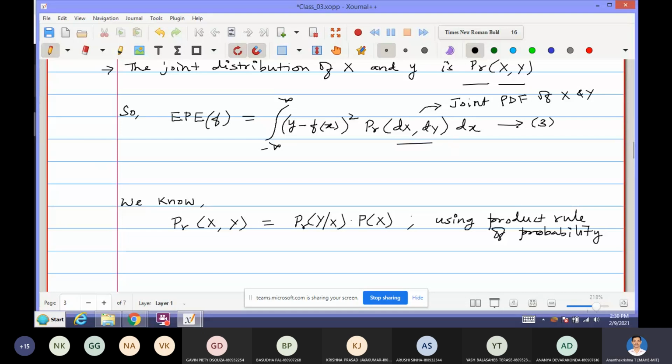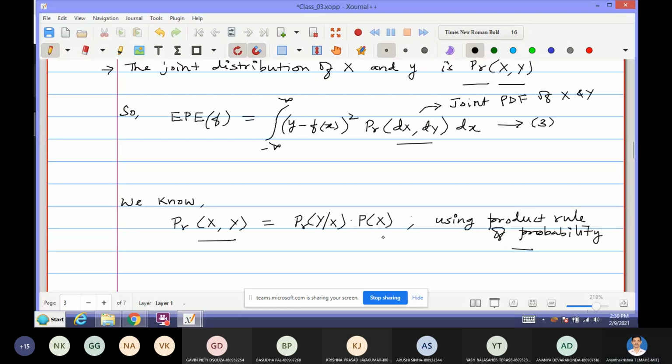From the product rule of probability, we can always write probability of x comma y as the conditional probability of y given x, times probability of x.